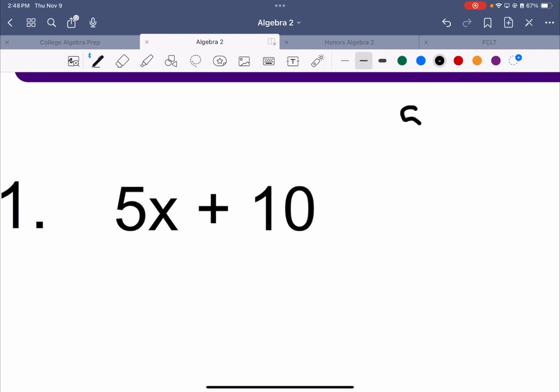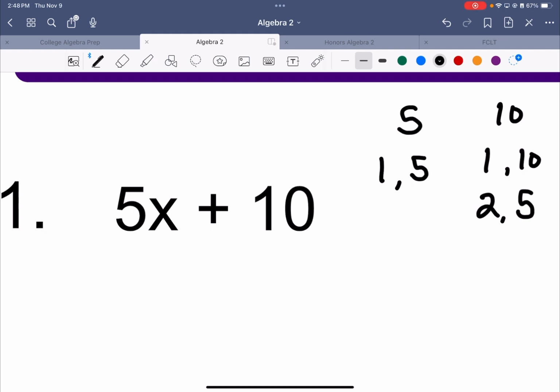If I'm just looking at 5, the only factors for 5 are 1 and 5. 1 times 5 is 5. The factors of 10: 1 times 10 is 10, and 2 times 5 is 10. So those are all of my factors of 10.